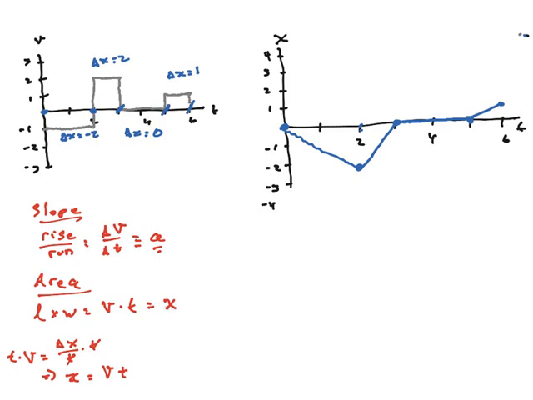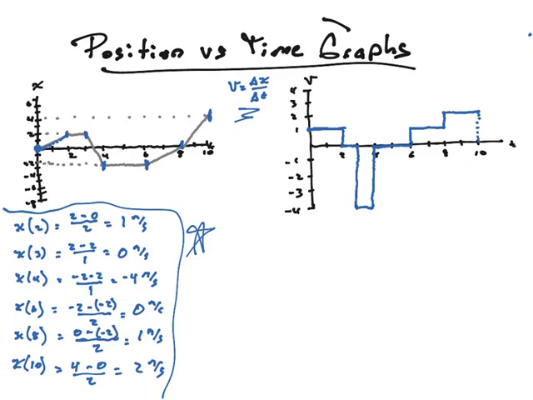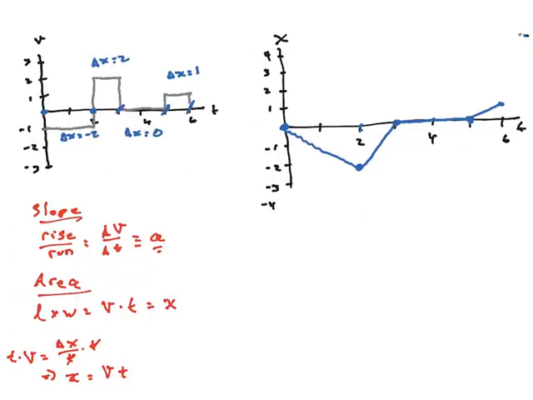These intervals are telling me how I'm changing, not the actual value I'm going to. In the previous attempt, when we did the slope to find velocity, that was the actual velocity, not the change in the velocity. But when you do the area, you're finding the change in the position.